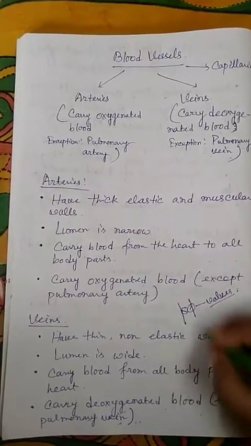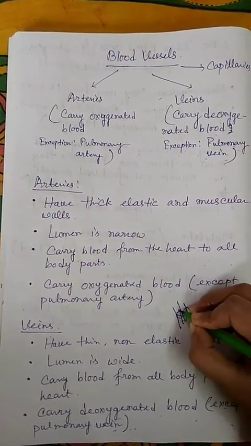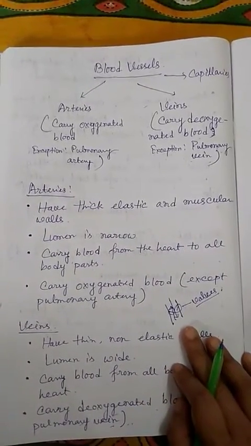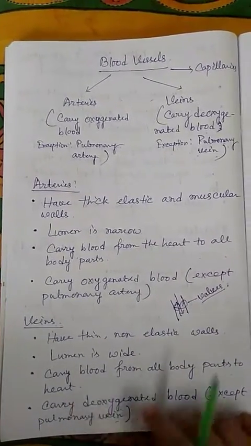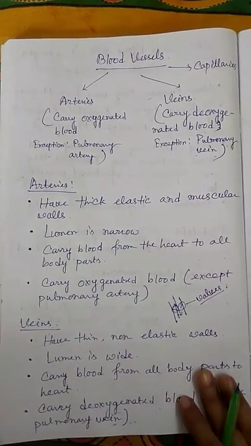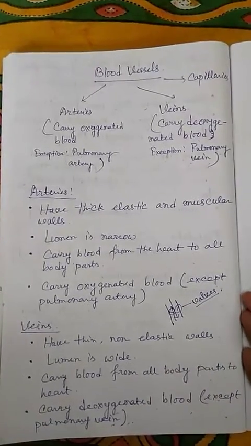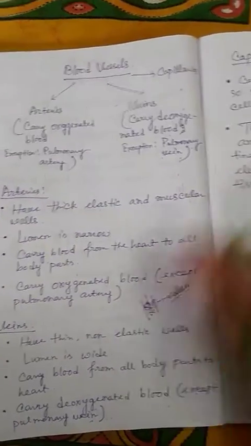Whenever it goes this way, it cannot go in the opposite direction. This is one characteristic of veins that is not present in arteries. Veins carry deoxygenated blood, meaning blood carrying carbon dioxide, from all over the body to the heart.